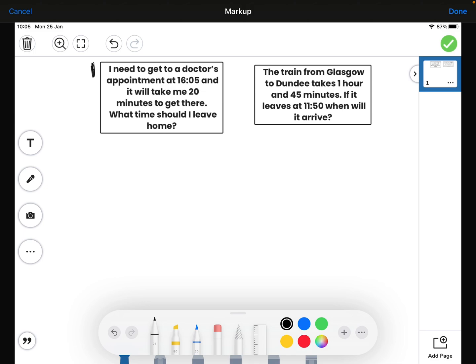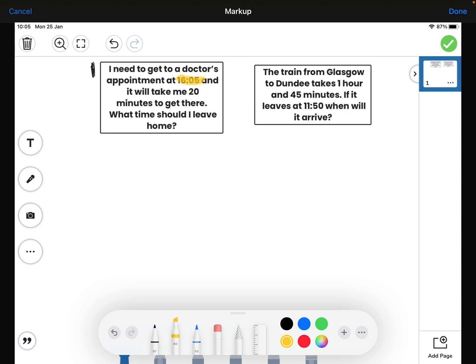Then what I would do is I would take a highlighter, and I would highlight all the important information I think that I need in order to figure out what the answer is. So let's read it through again. I need to get to a doctor's appointment at 16:05. Now, I think that time there is important because I don't want to miss the appointment, do I?